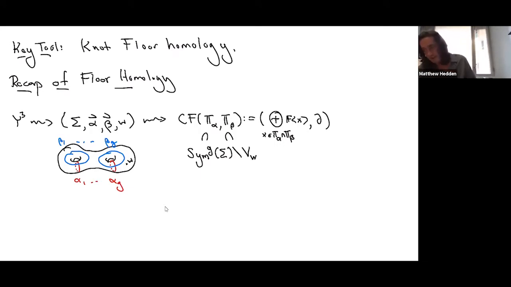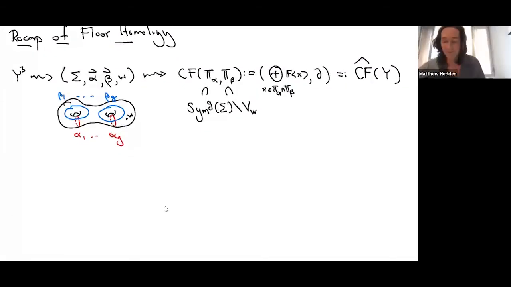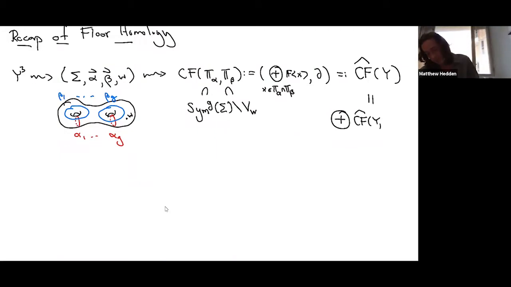Okay, and so this complex in this context is denoted CF-hat of Y. It's called the hat Heegaard Floer chain complex associated to Y. And a fundamental property of this, which relies again on this base point, is that the complex admits a direct sum splitting along spin-C structures on the three-manifold.